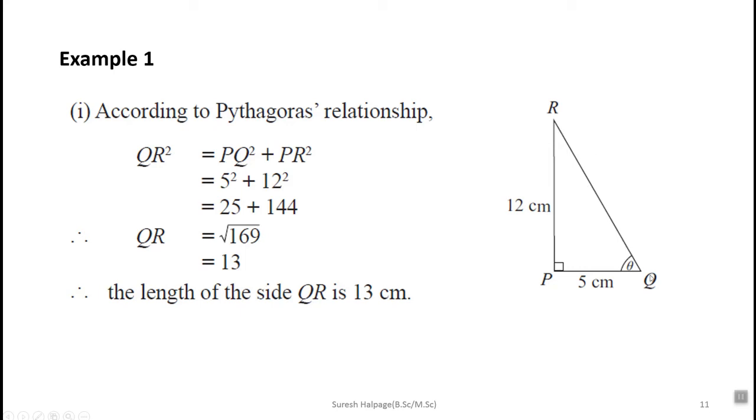So QR square is equal to PQ square plus PR square, 5 squared plus 12 squared. So then we can find QR equal to 13 centimeter.